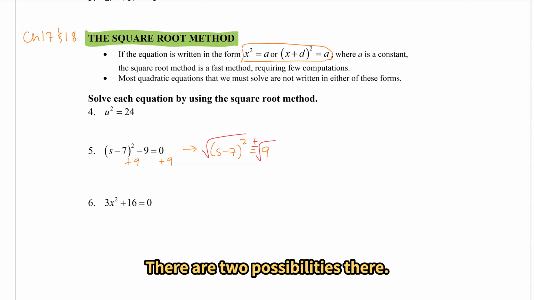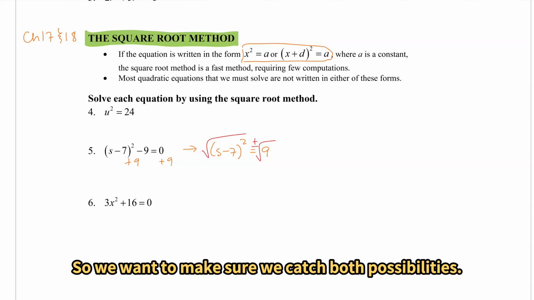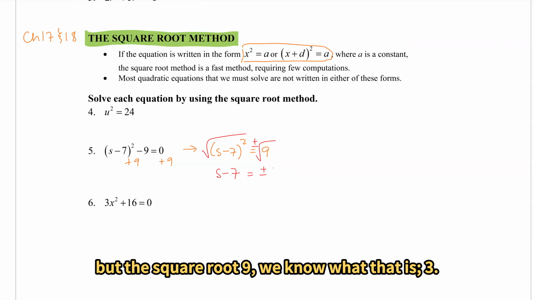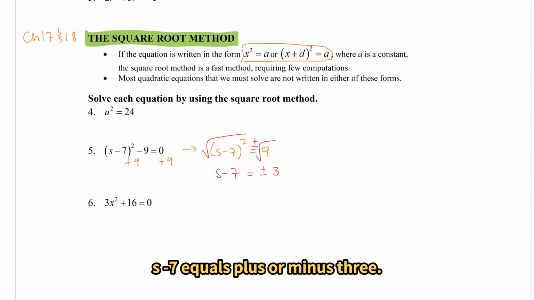There are two possibilities there, so we want to make sure we catch both possibilities. And we end up with s minus 7 equals plus or minus square root 9. Oh, but the square root of 9, we know what that is: 3. S minus 7 equals plus or minus 3.